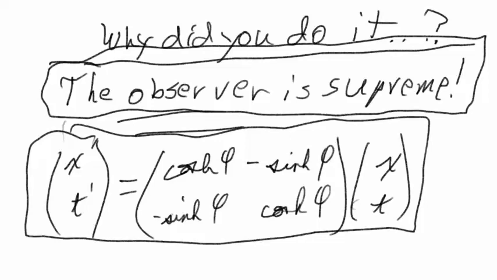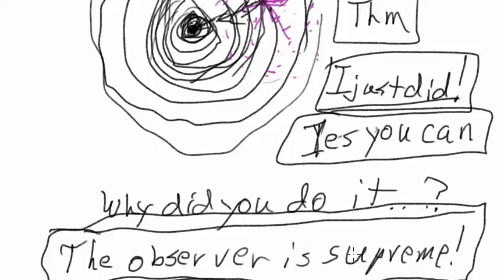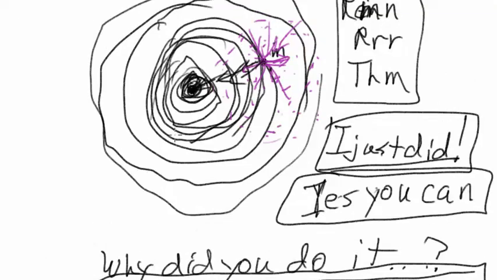But I would not use the observer as supreme as an excuse for doing this, because regardless of my perceptions on reality, my perceptions on reality are not going to create a force on this distant particle.